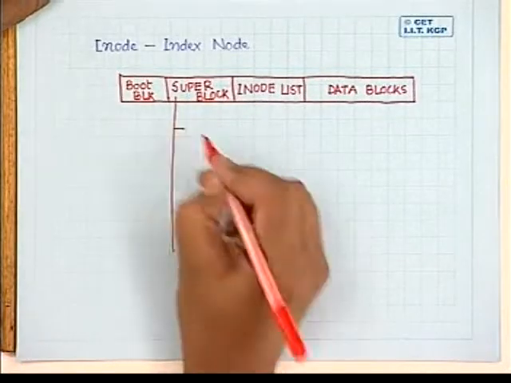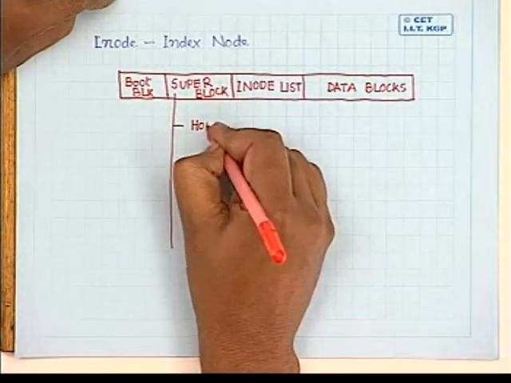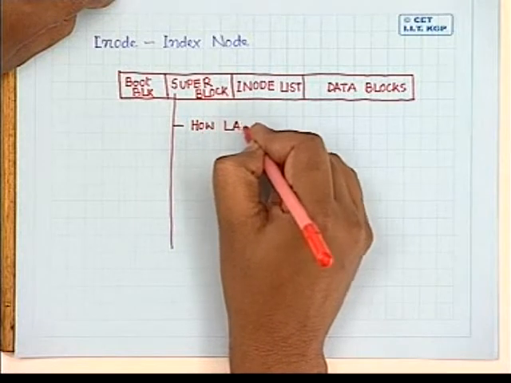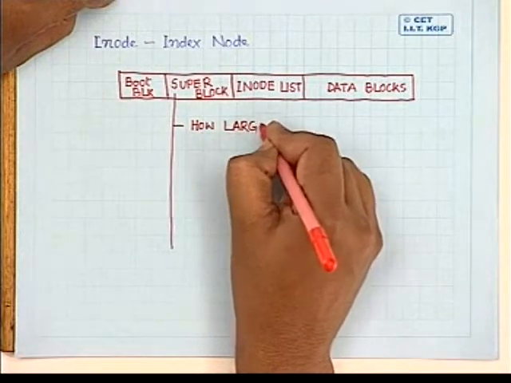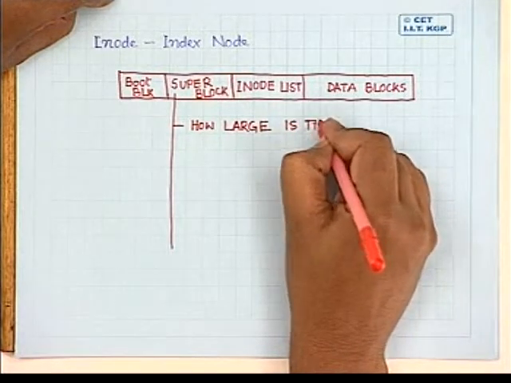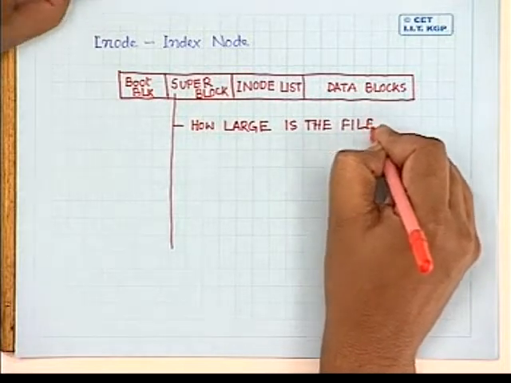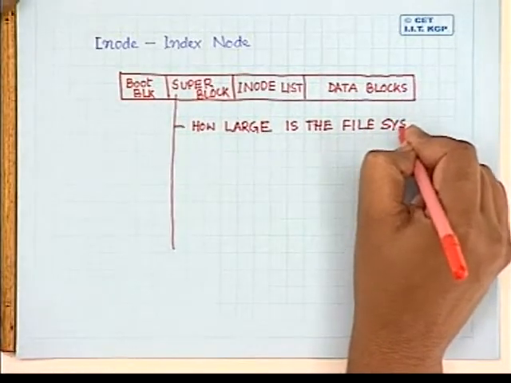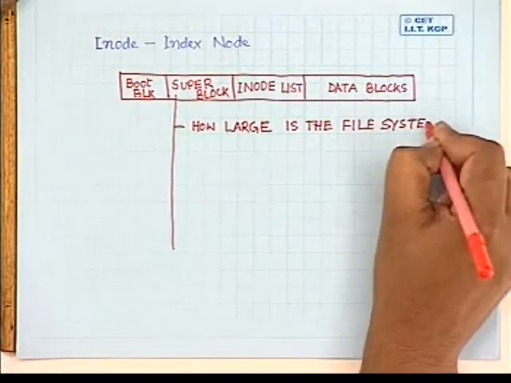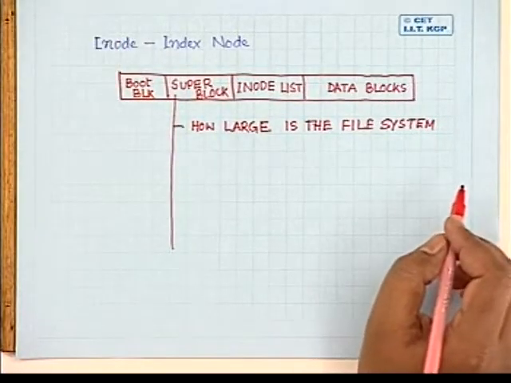one piece of information is how large the file system is. This information is contained in the super block.